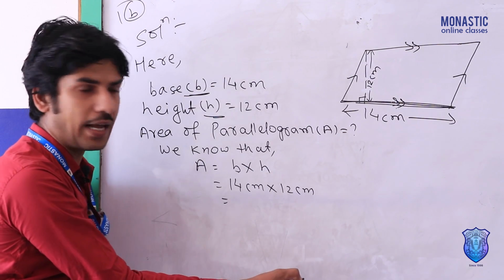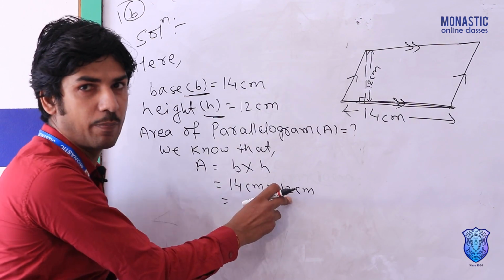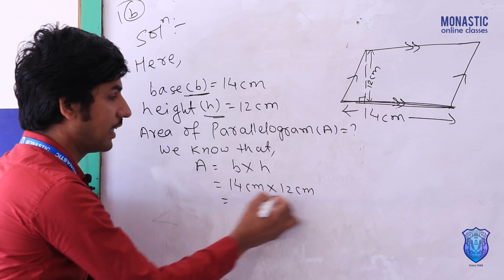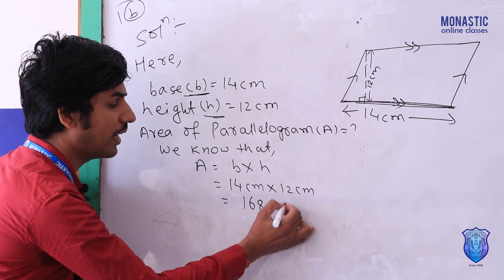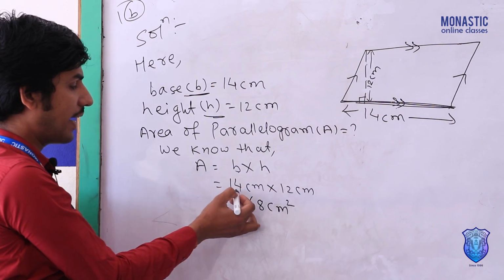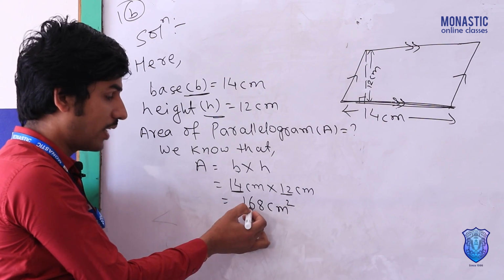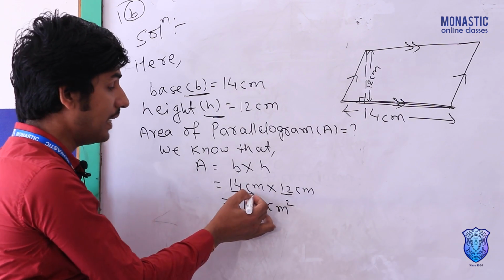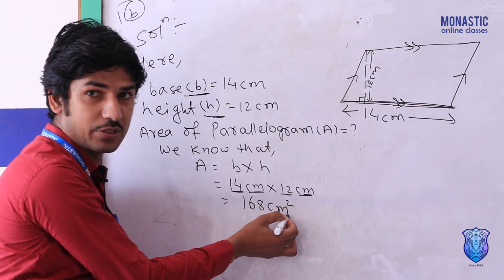Now multiply 14 and 12. How much do we get? 168 square cm. By multiplying 14 and 12 we get 168, and cm into cm is square centimeter.